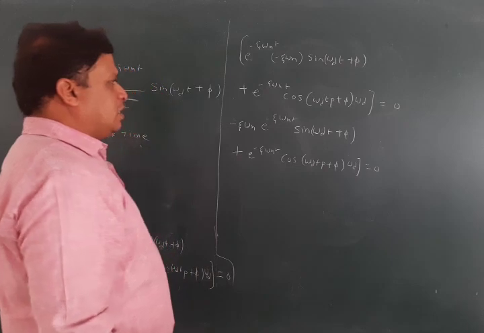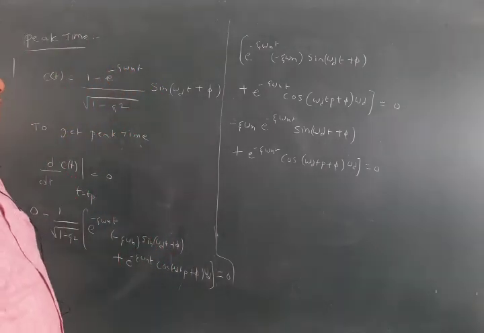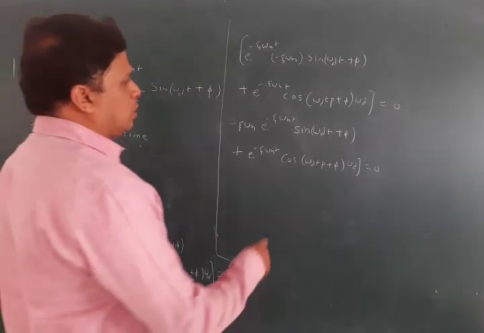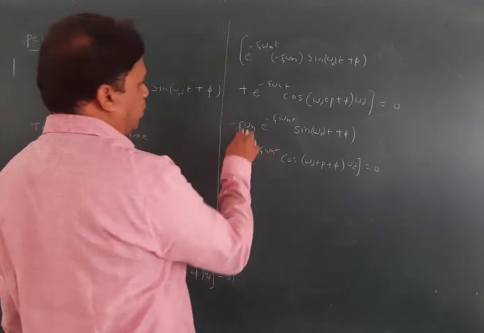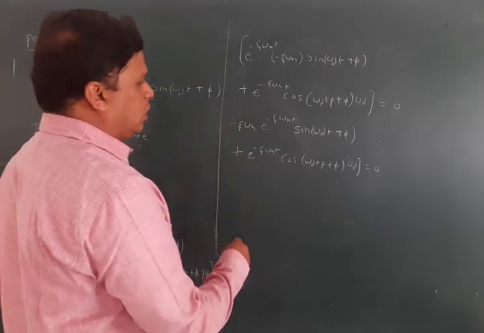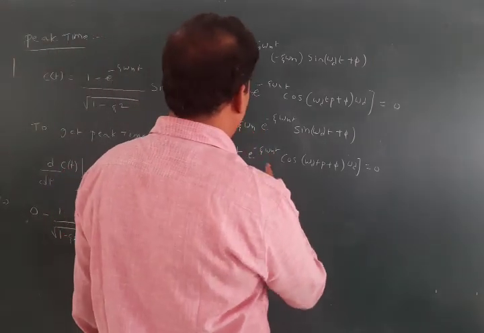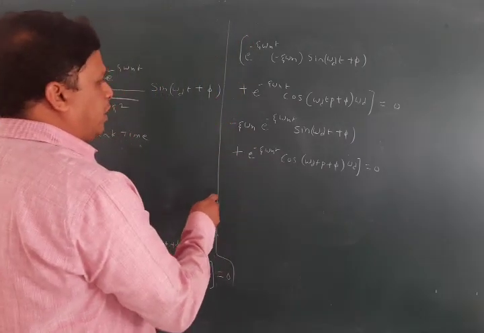Now after getting this equation, you can see some common values here. What we see common here is zeta omega_n.